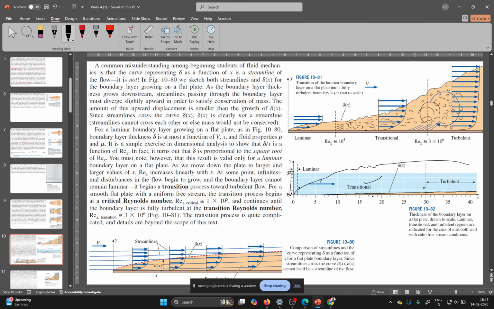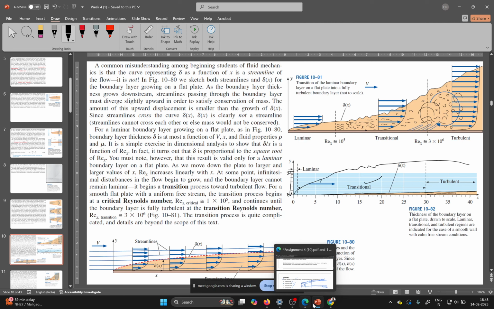Then after that comes turbulent. That is the laminar sublayer, very thin, because this is drawn to scale, so the laminar boundary layer is not visible. But from a conceptualization point of view, we draw it on a large scale, as a zoomed view.